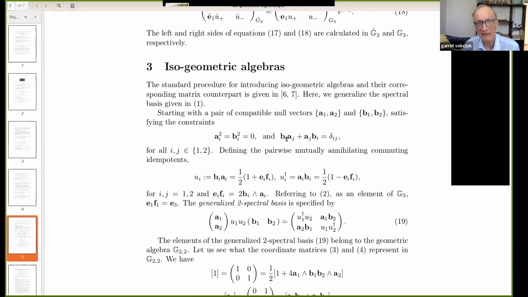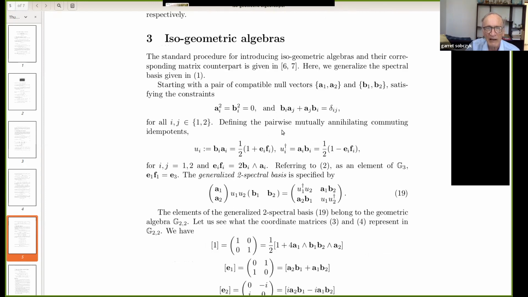But if I is equal to 1 and J is equal to 2, we have B1 A2 equal to A2 B1 equal to 0, which simply means that these are anti-commutative nilpotents. B1 times A2 is equal to minus A2 times B1.